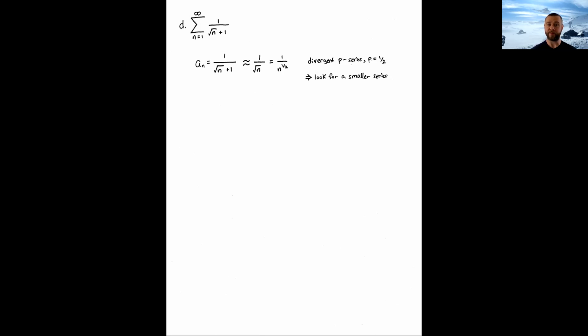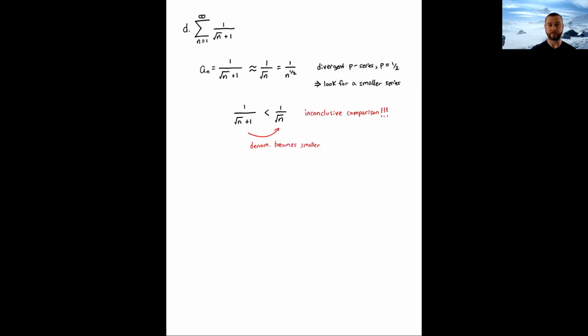So what we would want to look for, if we think our infinite series diverges, we would want to look for a smaller infinite series that we know for sure diverges. All right, now this one's a little trickier. If you were to get rid of the plus 1, that makes your denominator smaller.